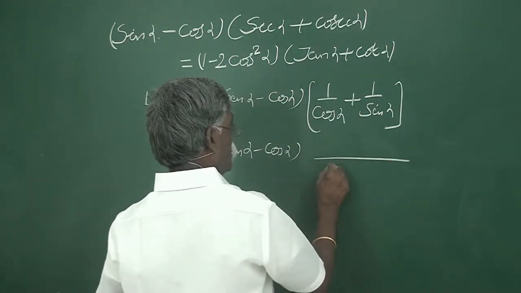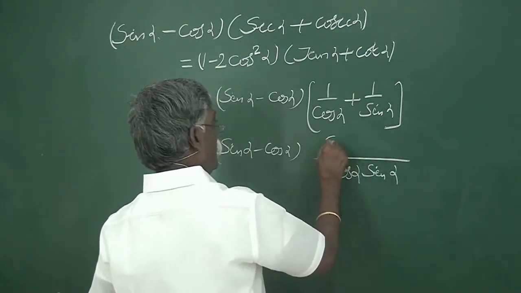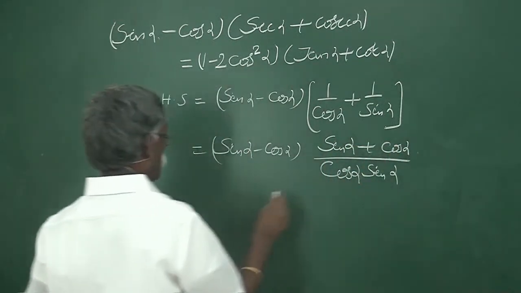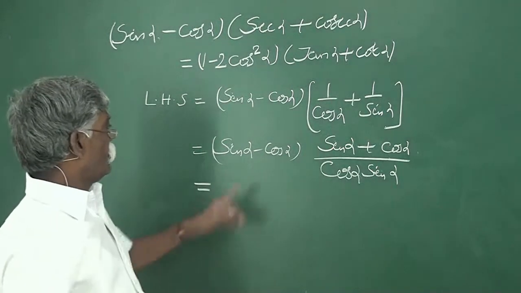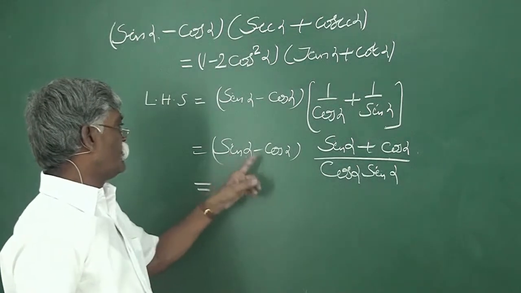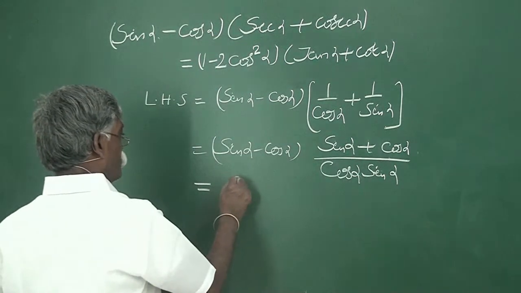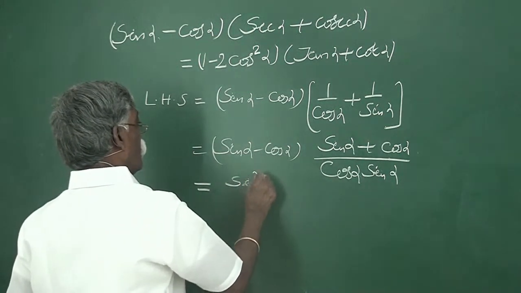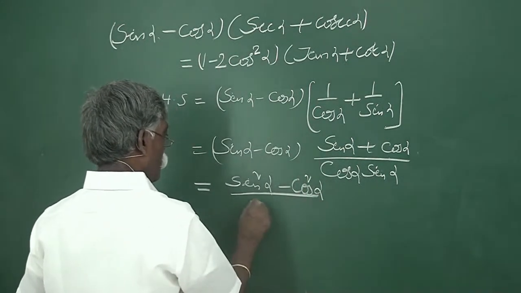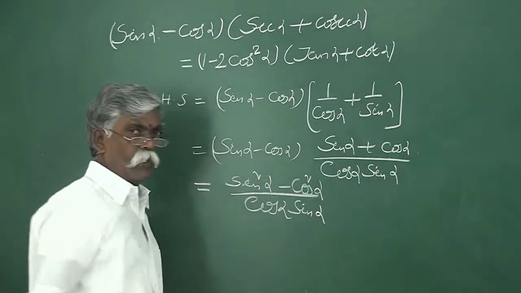Here the LCM is cos alpha and sin alpha. The numerator becomes sin alpha plus cos alpha. Now this is (sin alpha minus cos alpha) and this is (sin alpha plus cos alpha). This is (a minus b) into (a plus b), which is a square minus b square, means (sin square alpha minus cos square alpha) by (cos alpha and sin alpha).